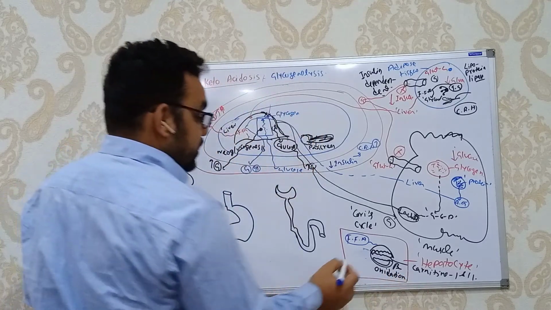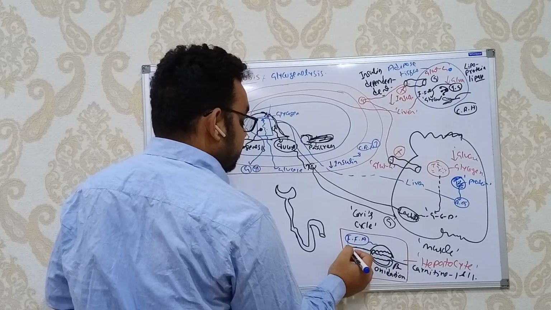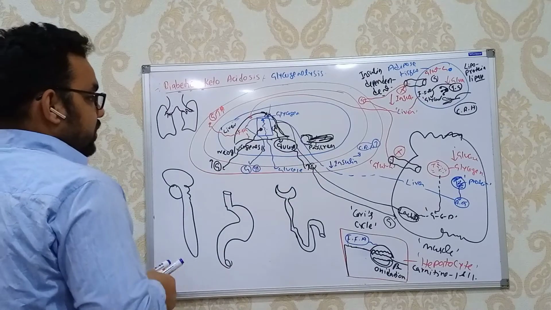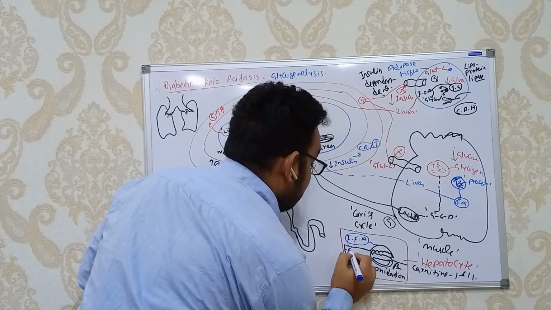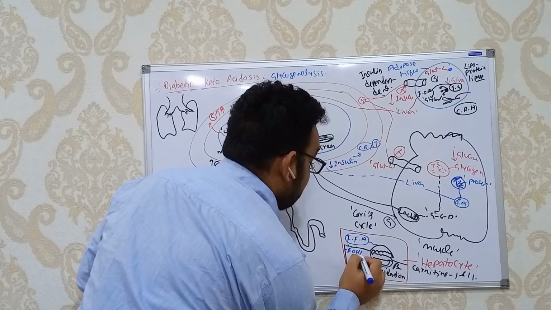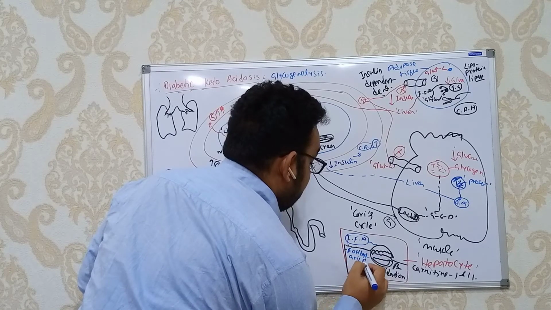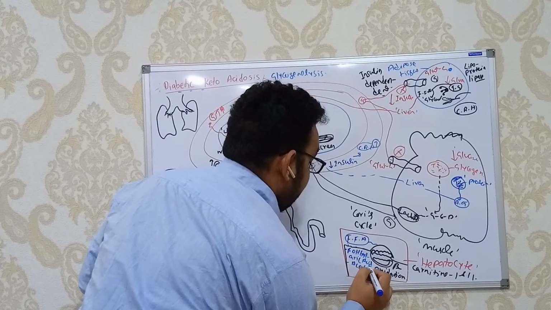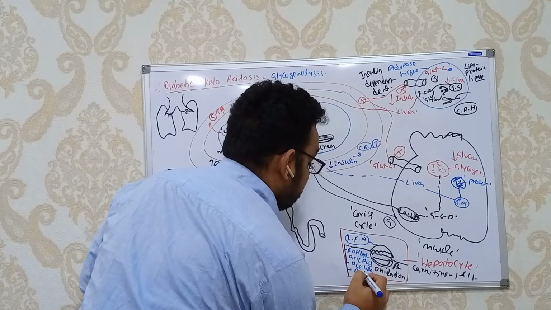from the free fatty acids we will get ketone bodies, and we have to know what type of ketone bodies we get. We get beta hydroxy butyric acid, then we get acetate, then we get acetone.